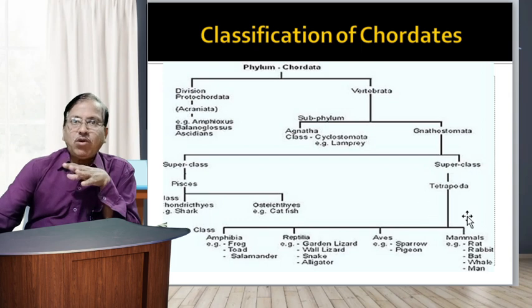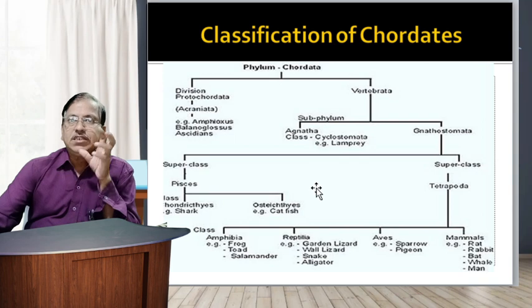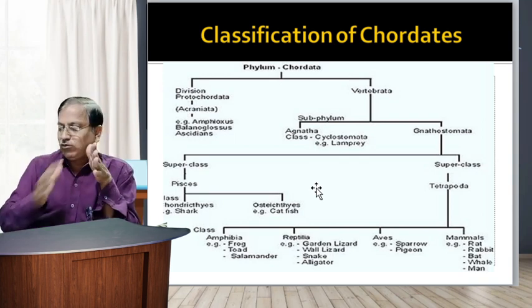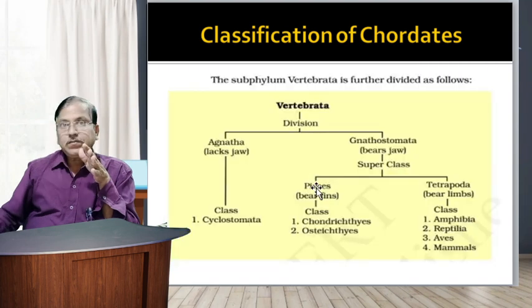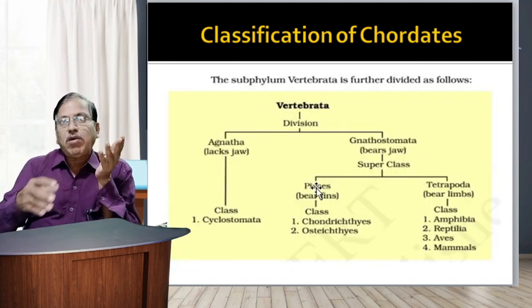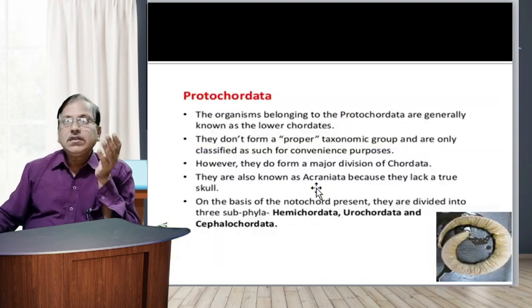Next is Tetrapoda, which has four classes: Amphibia, Reptilia, Aves and Mammalia. This schematic representation completely combines all the Chordate groups, and the same applies to the classification of vertebrates.